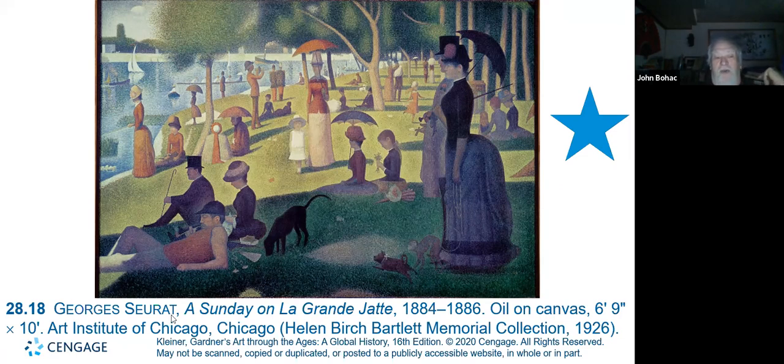And what Seurat thought about, because he saw all of this Impressionist painting, was that he saw that when somebody like Claude Monet would paint haystacks, he would put a red next to a yellow, next to a green, next to a blue, and so on.